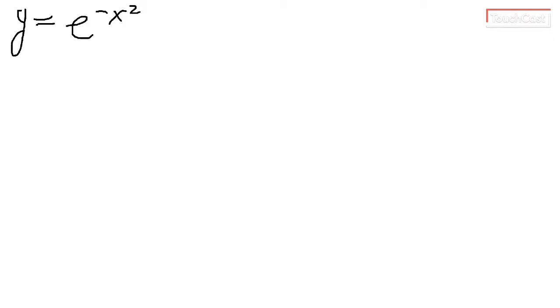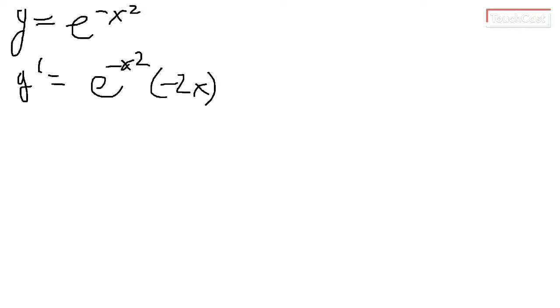All right, I want to find all points of inflection of this function. So that means I'm going to need to find the second derivative of y, and I'm going to find out where that second derivative changes sign. So I'm going to start by taking the first derivative. Y prime is going to equal e to the negative x squared times negative 2x. I'm going to need the derivative of that derivative.